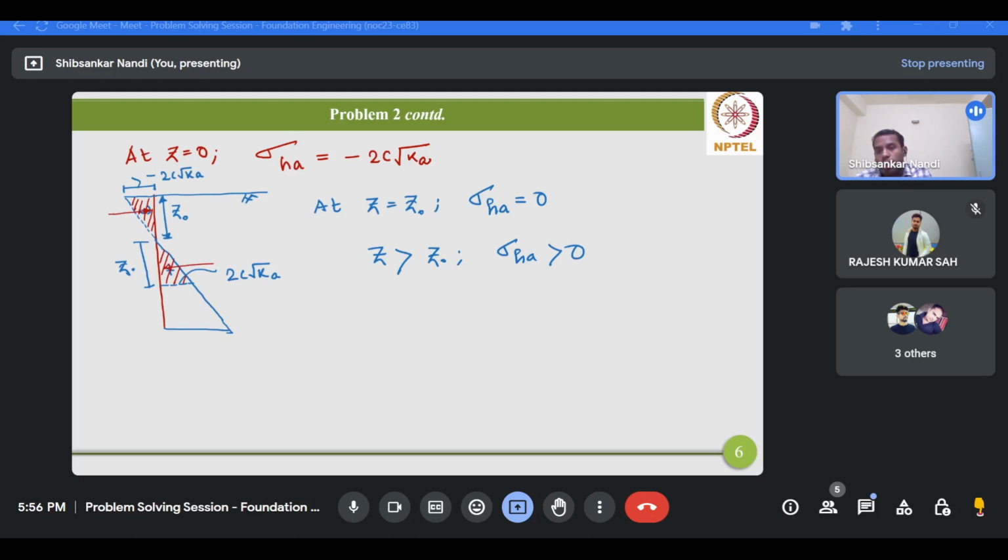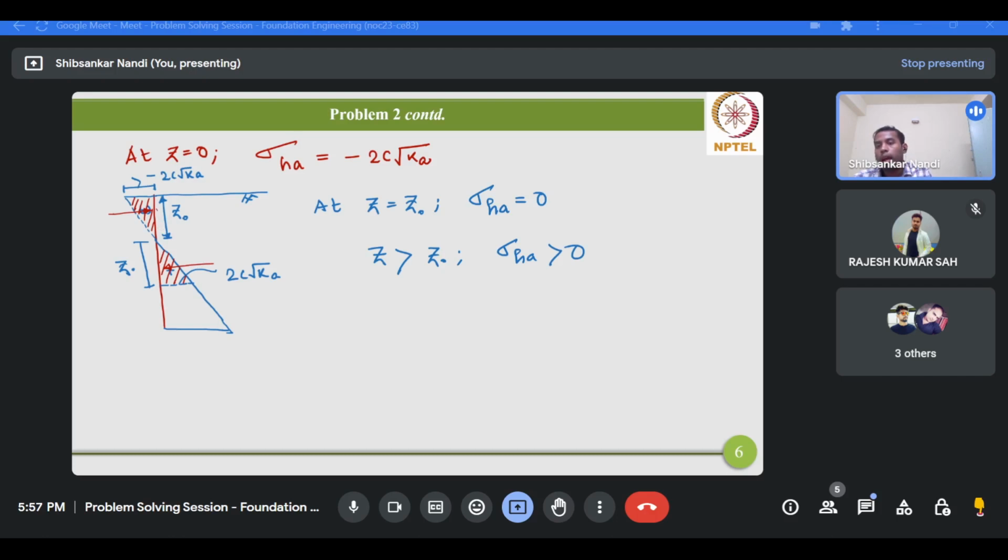So the resultant of this distribution of active earth pressure for a total depth of 2z0, z0 plus z0, will be null. This negative pressure will be counterbalanced by this positive pressure. This negative and positive will nullify each other.